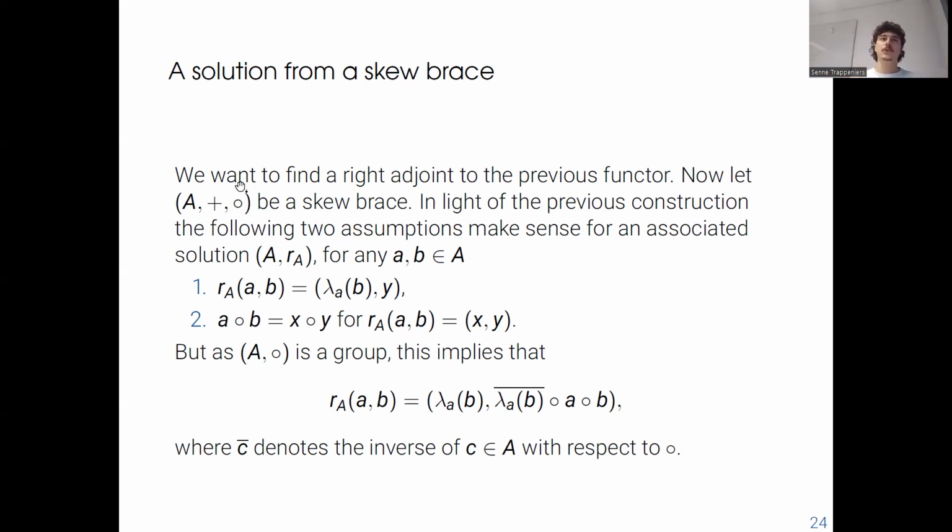If we start from a skew brace, we can always define a lambda action by lambda A of B is minus A plus A circle B. So we have this action for any skew brace, and we want the associated solution, on the first component at least, to have sigma given by lambda. Whatever happens on the second component, we don't care.